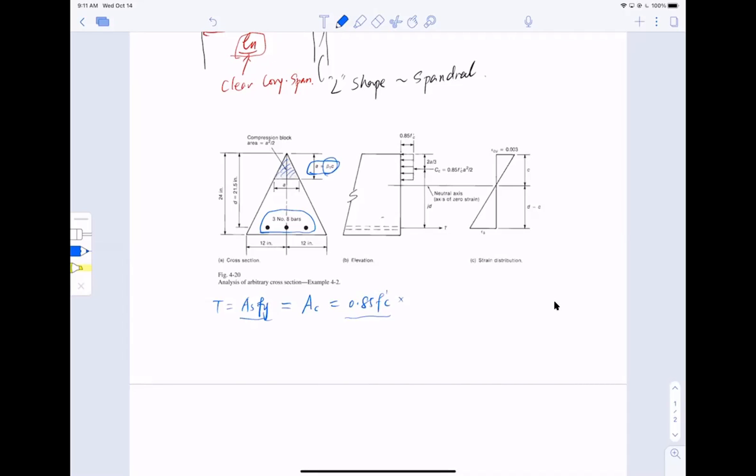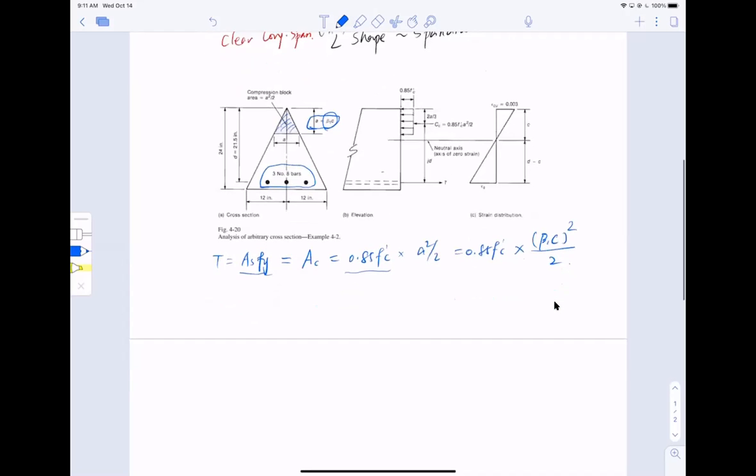So this compressive block is A squared divided by 2 because it's an equilateral triangle. So 0.85 f'c times beta1 c squared divided by 2. All you have to do is solve for c to get your compressive zone, right?